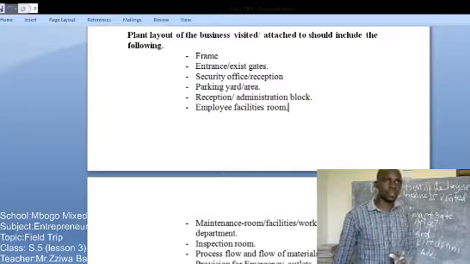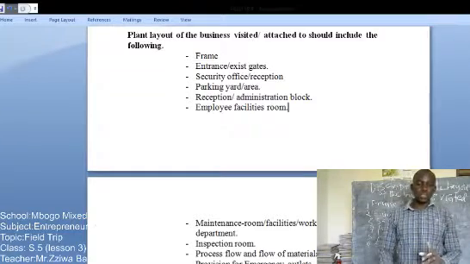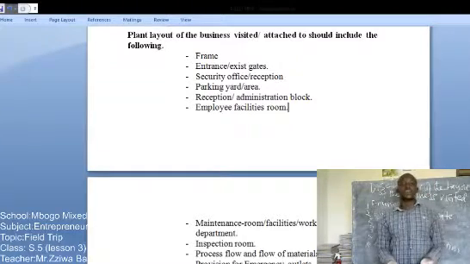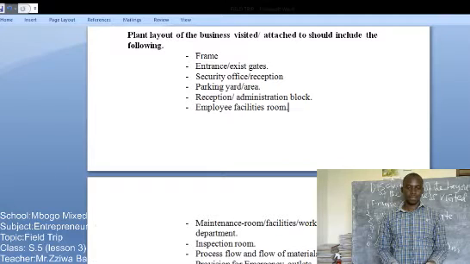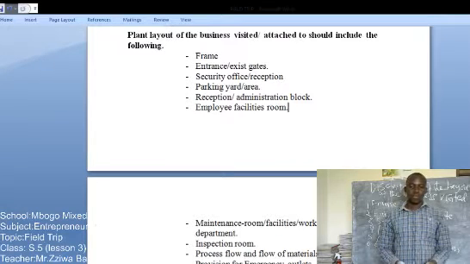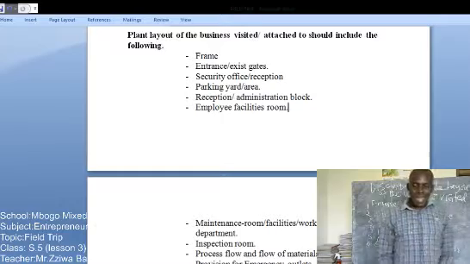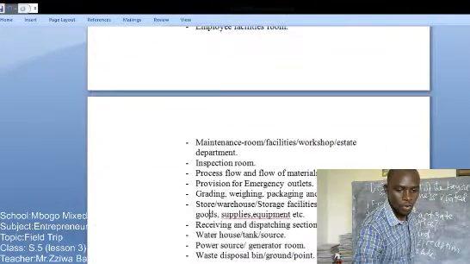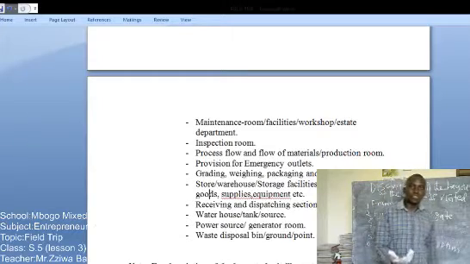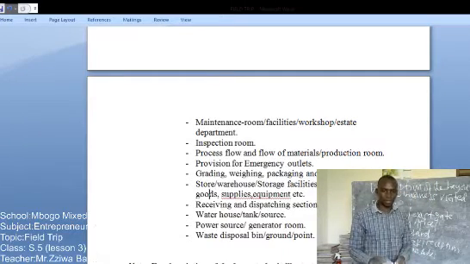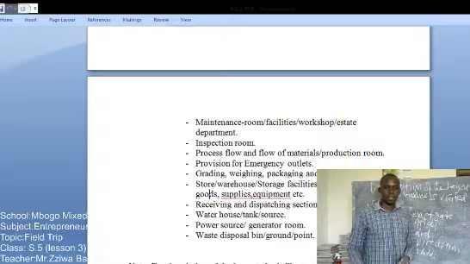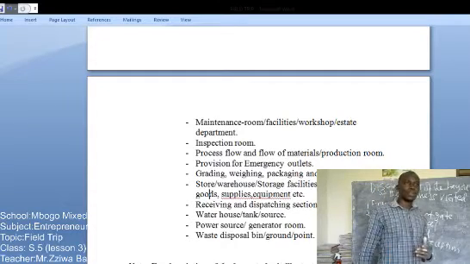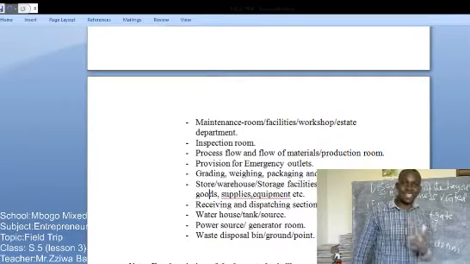The other section, you can also put inspection room. We have emergency outlets. We have warehouse or store. Then we talk about utilities section.